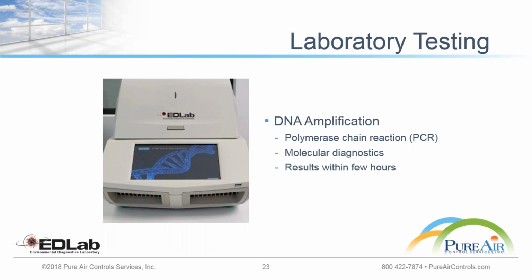The Legionella bacteria, as you can understand, is a living thing, so it has genes. With the help of polymerase chain reaction, we multiply that gene exponentially, and with molecular diagnostics using various kinds of dye, we evaluate the genes present in that sample, which can indicate whether the organism is there or not.